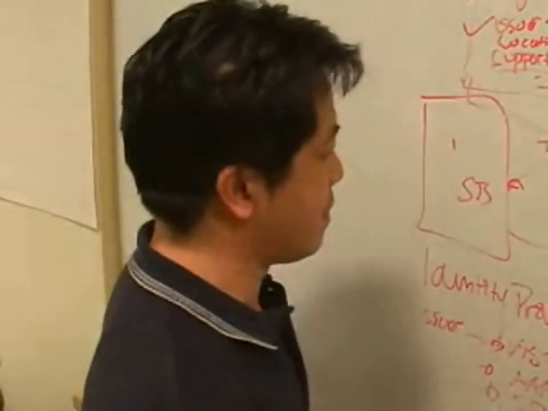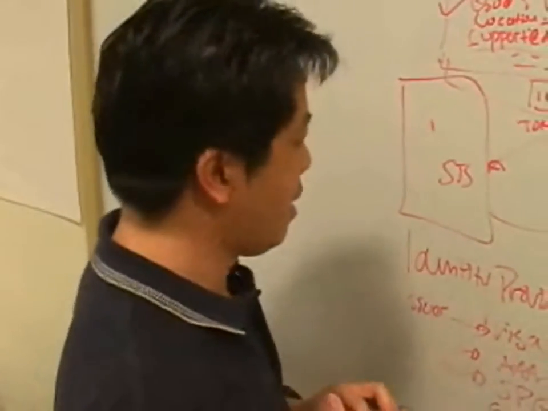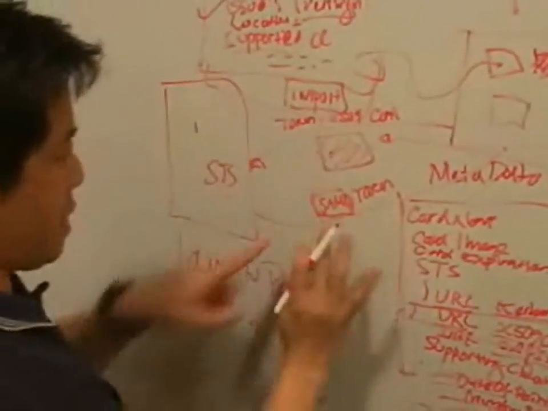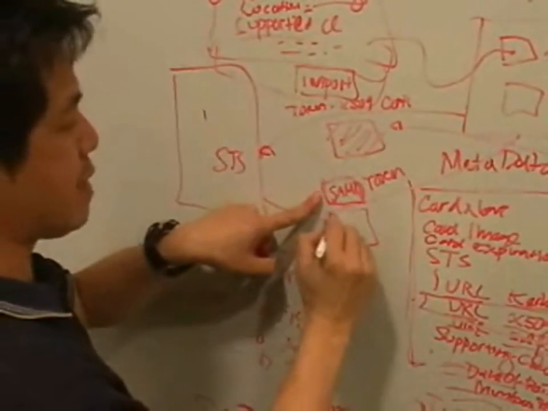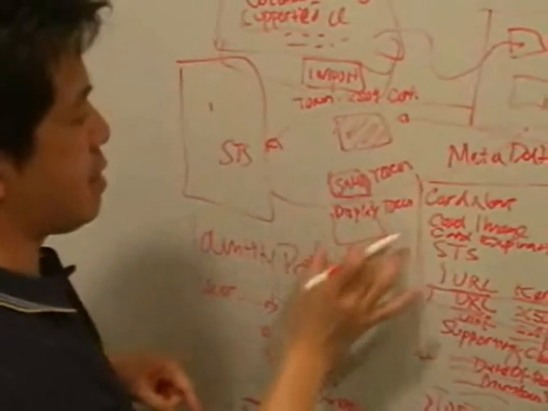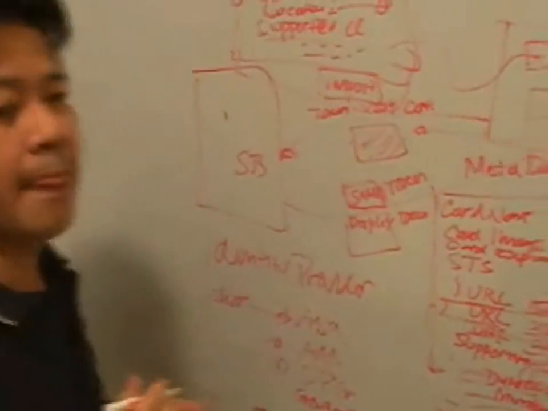We have a concept we call a display token, so that along with the token, we'll have this display token, and this token is displayable in the UI. It's just to show the user what's in the actual security token, so the user can decide: do I let this confidential information about me go to this website or not?